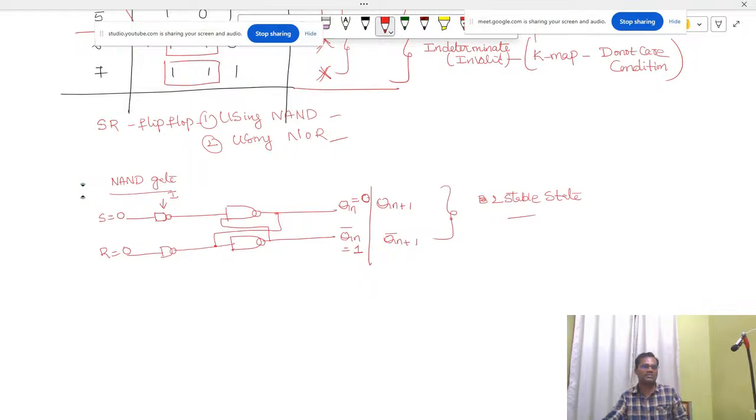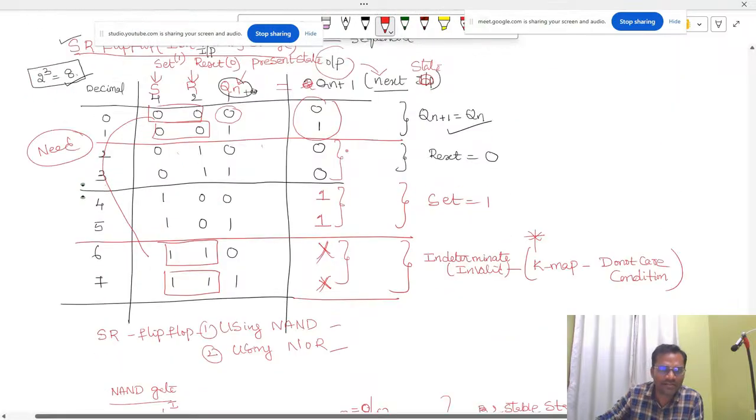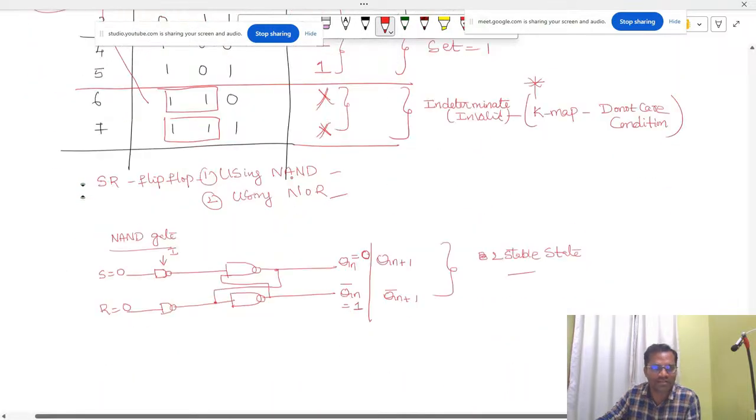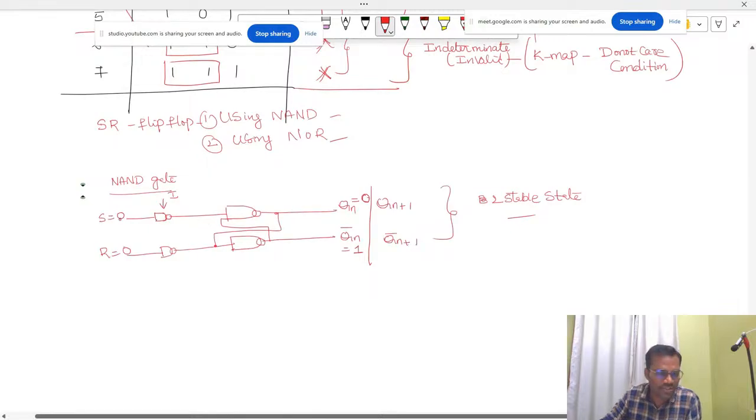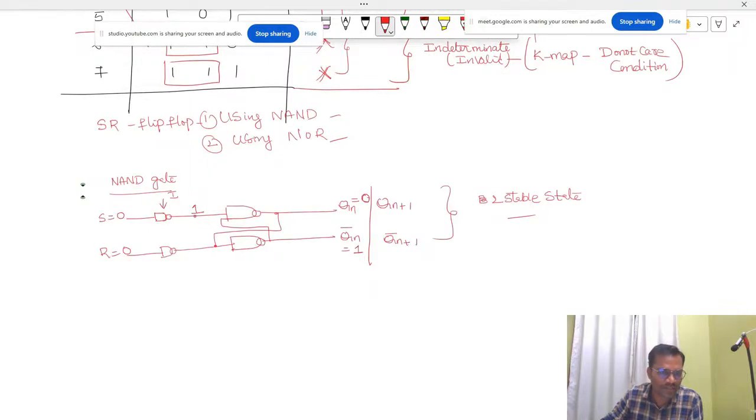Now what happens? We applied 0 here. What output do we have to get? 0. Let's see whether we get it or not. When you apply the inverter, the output is 1. Here the value is 0, and the NAND output is 1. But which NAND gate should you consider first?